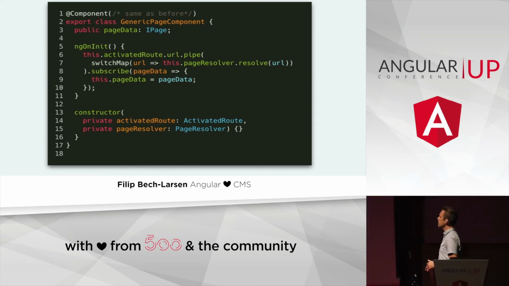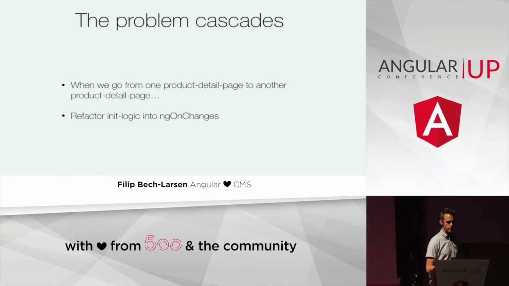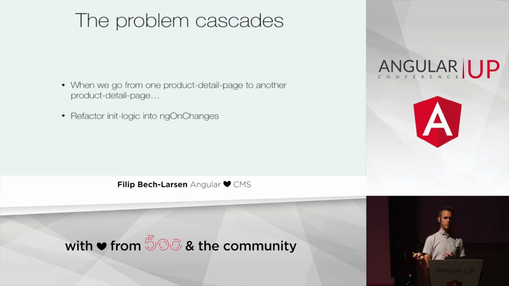This is pretty good. We're at a place where we have a working solution. But then the problem is, it works when we go from a front page to a product page and back, but if I go from one product page to another product page, it's the same problem, because the problem kind of cascades downwards.